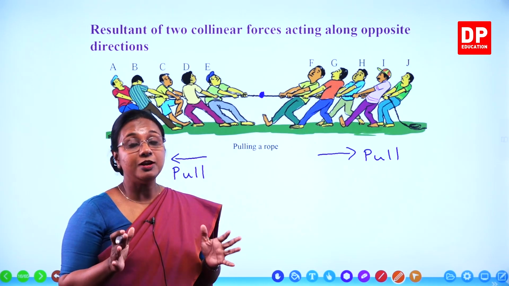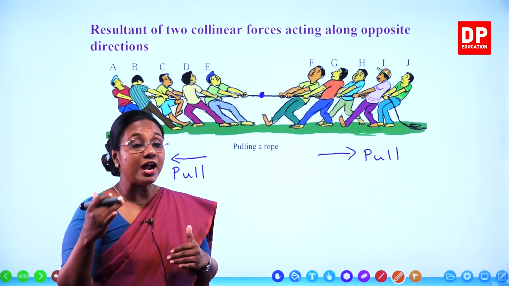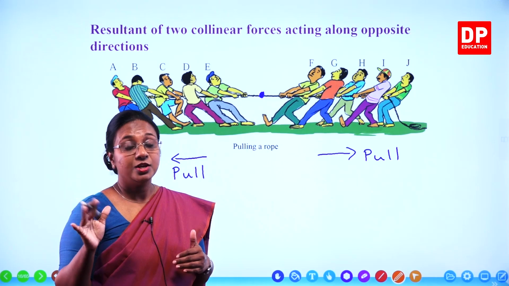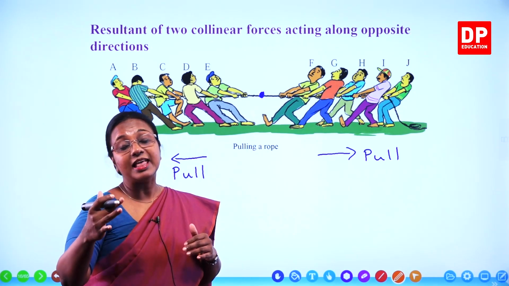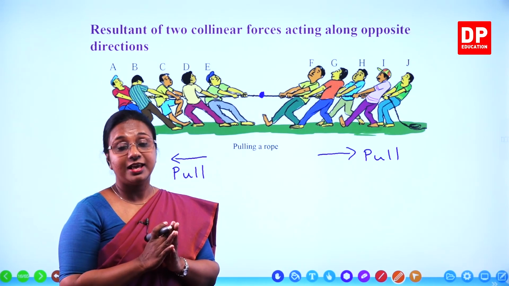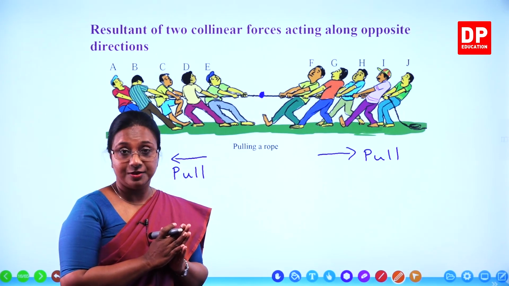So, depending on the difference between the forces, when one team applies a greater force, that team wins. So, if one force is greater than the other, the object moves towards the greater force. That is how the resultant acts here.